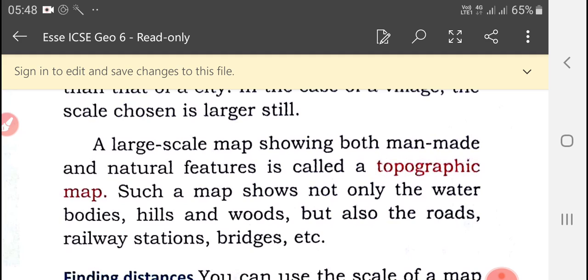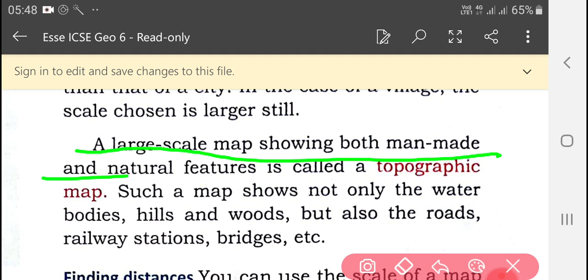Now the next example of a large scale map. A large scale map showing both man-made and natural features is called a topographic map. So a topographic map is also a large scale map.